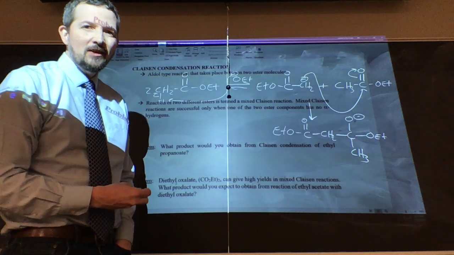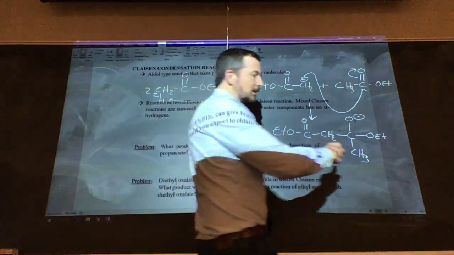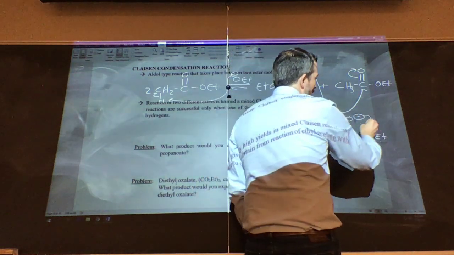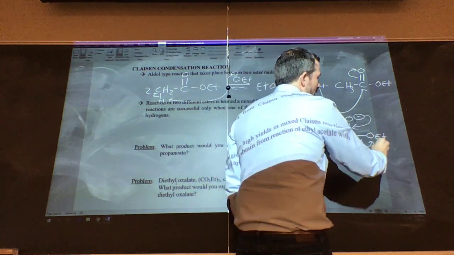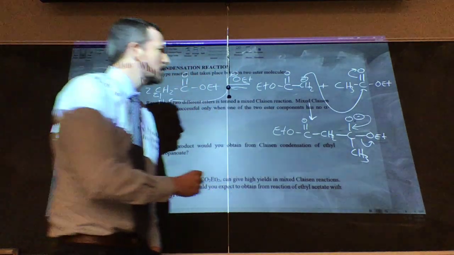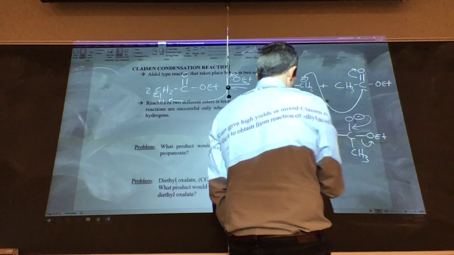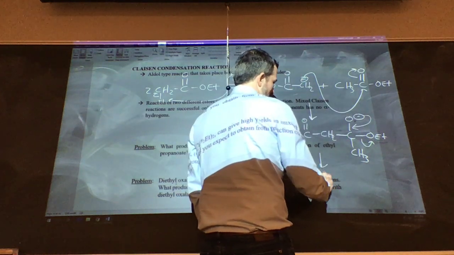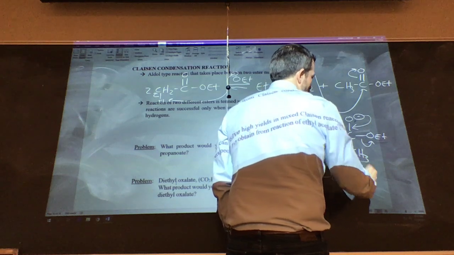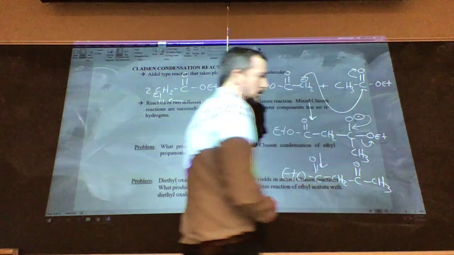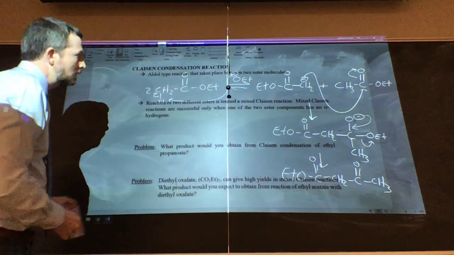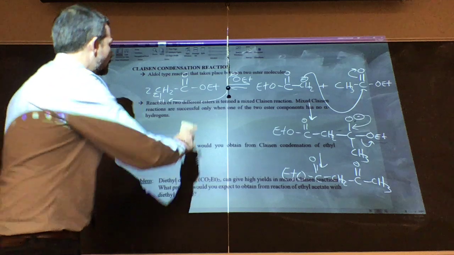But when you have an ester, instead of becoming protonated, since you have this ester group that's a good leaving group, what you see happen is it reforms the double bond and kicks off the ester as the leaving group. And so you end up with that molecule, a beta keto ester.